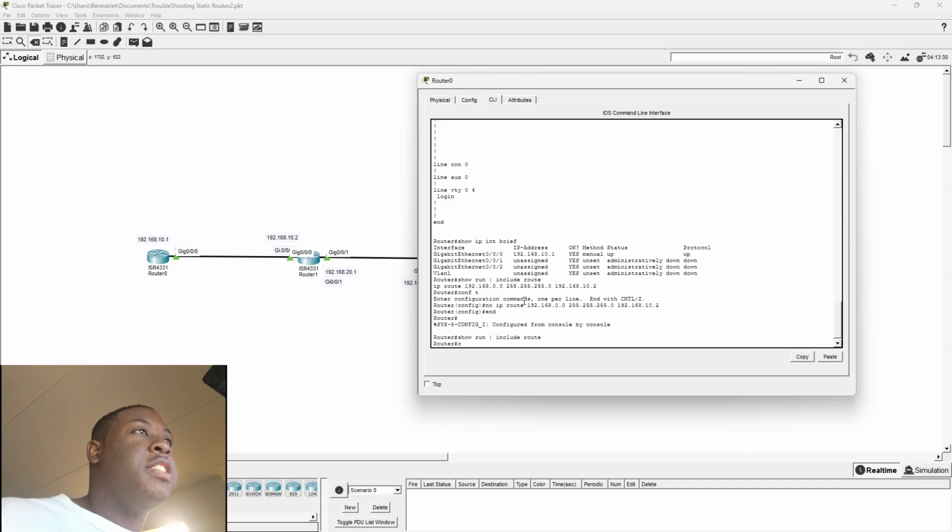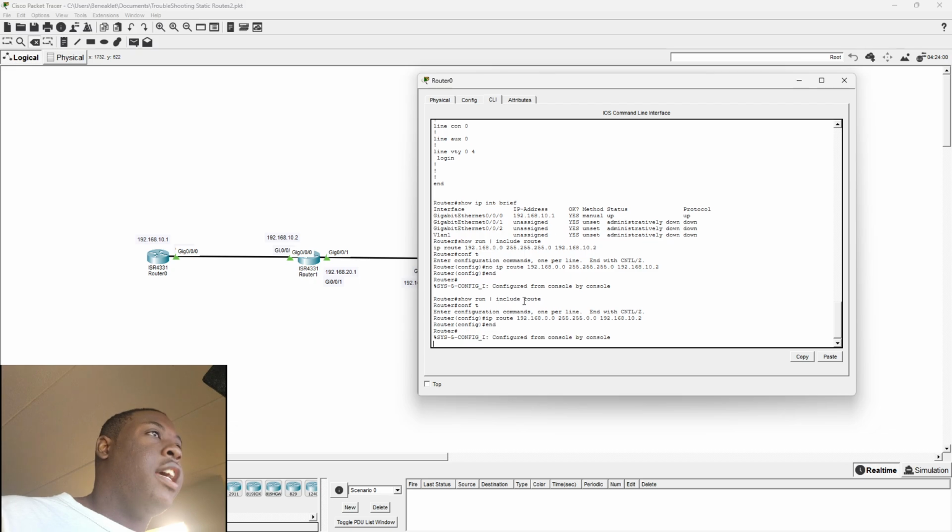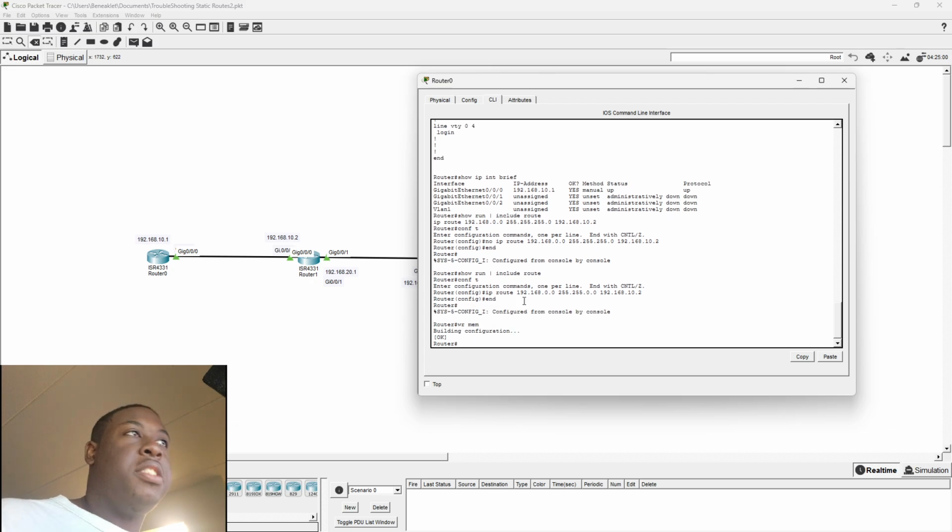Now go back to configuration mode, press up to get the command, remove the no, and change the subnet mask to 255.255.0.0, which is /16. Then write memory to save our config.